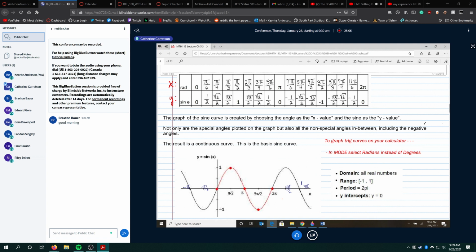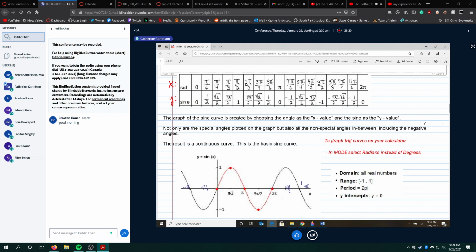So notice in red, this is a unique piece. And then after that, what does it do? It just starts to repeat the same shape. In other words, it just goes around the unit circle one time. So what is the length of the unit circle? 2 pi.